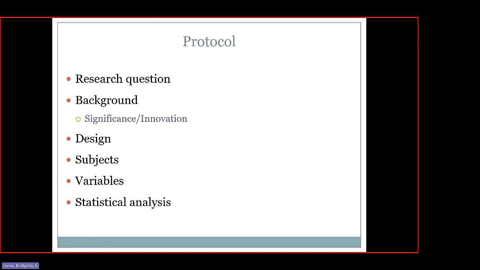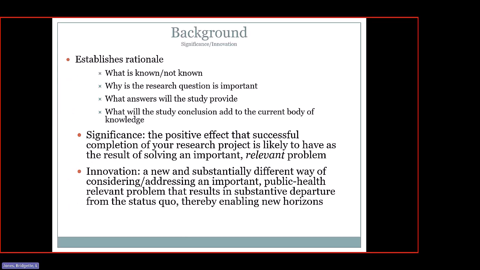So next, the background section describes the how or why you're doing the study. It establishes the rationale for your study. You've already done your literature review, so you know what's already known and not known in this subject. So what is the gap that you're trying to fill?